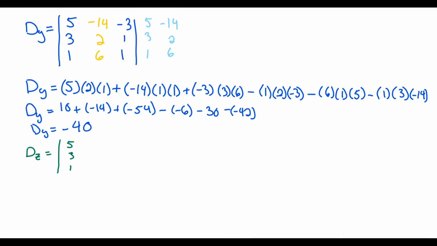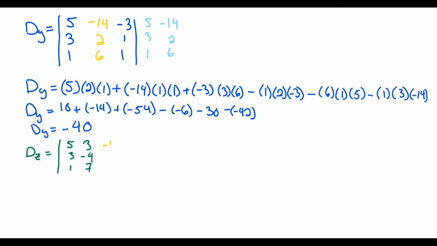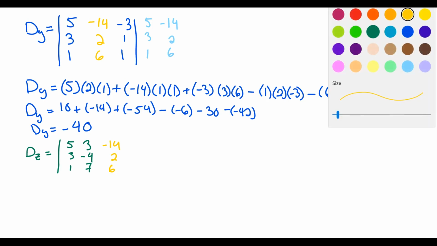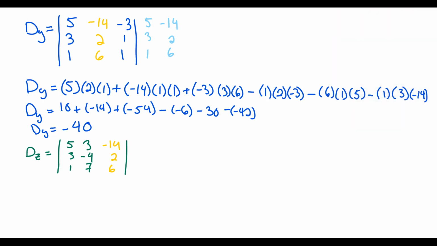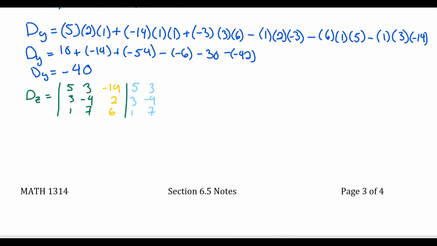My y column goes back to 3, -4, 7, because those are the coefficients that y had. Now my z column is going to become the -14, 2, and 6. And I'm going to copy down those first two columns again. 5, 3, 1, 3, -4, 7.